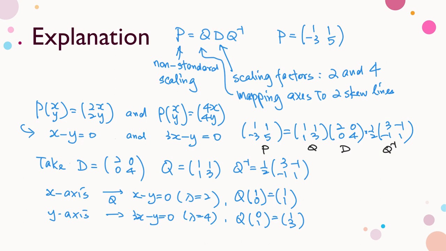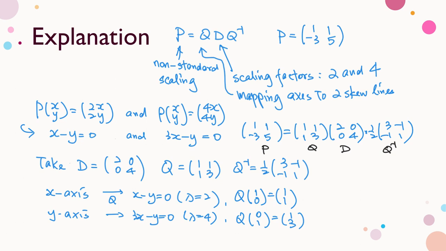We notice that the decomposition of P is not unique. It can also be explained in a geometric way. The reason is the points chosen from the skewed lines as the images of the unit points 1, 0 and 0, 1 on the axis are not unique.